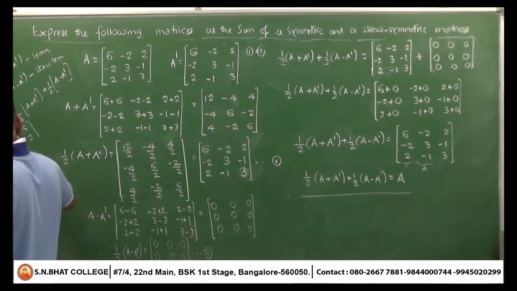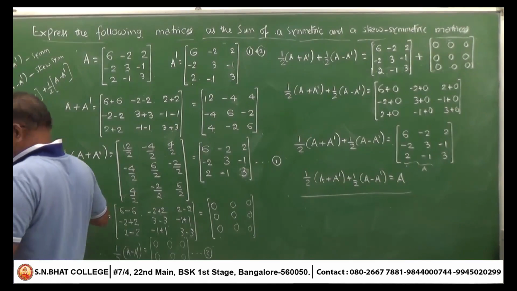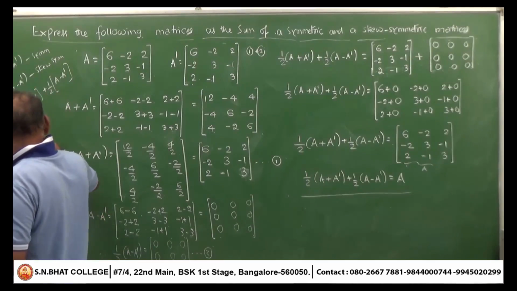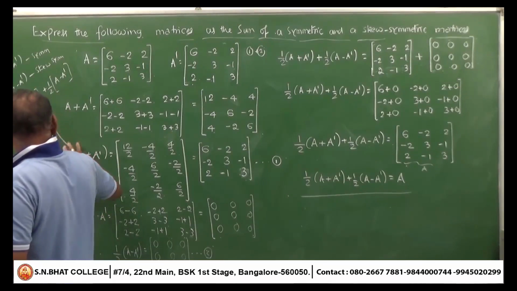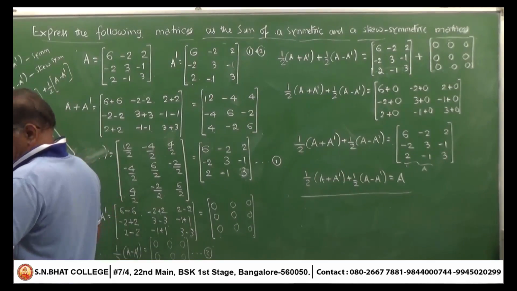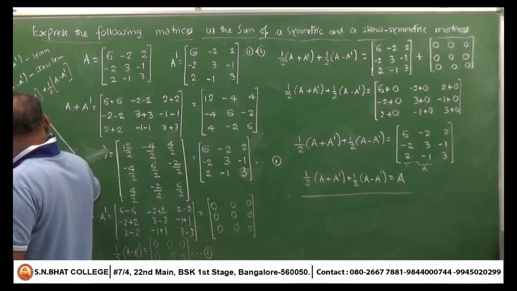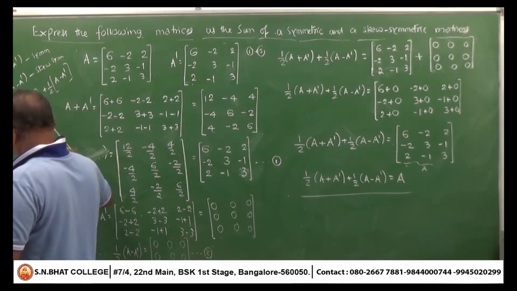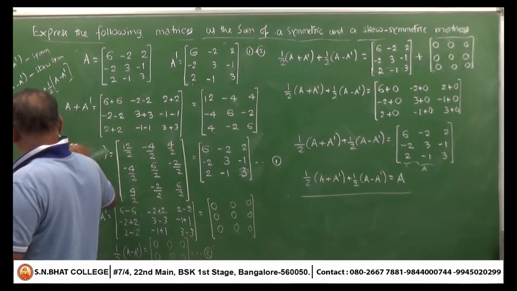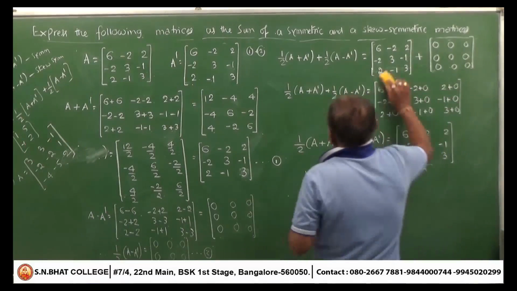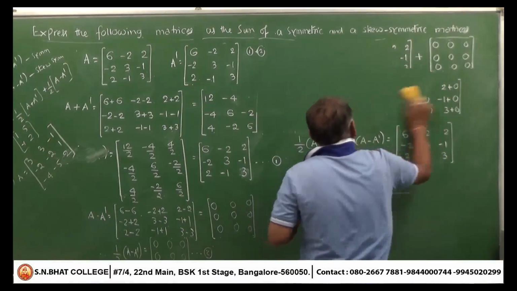Second question, A is 3 3 minus 1, 3 3 minus 1, 3 3 minus 1, minus 2, 1, minus 4, minus 5, 2. Two problems for homework. One is 2 cross 2, another is 3 cross 3.